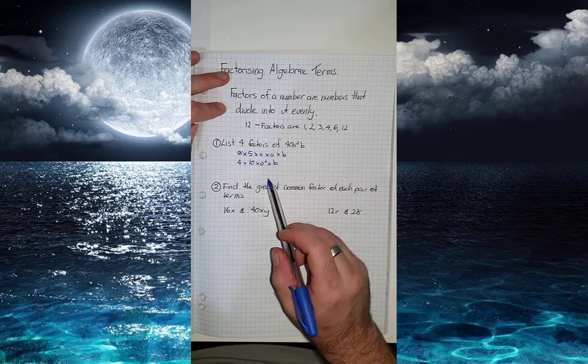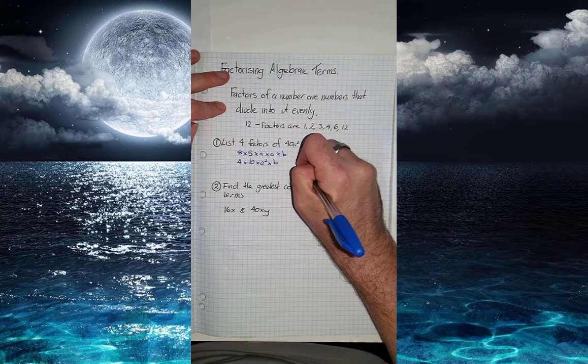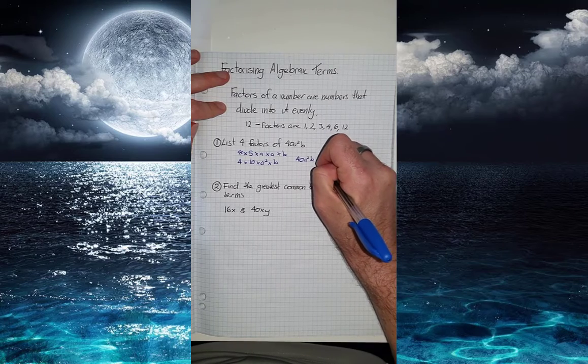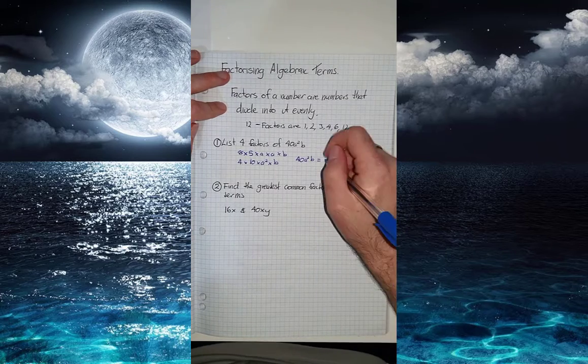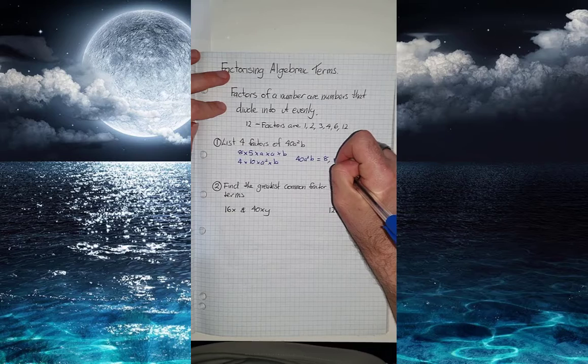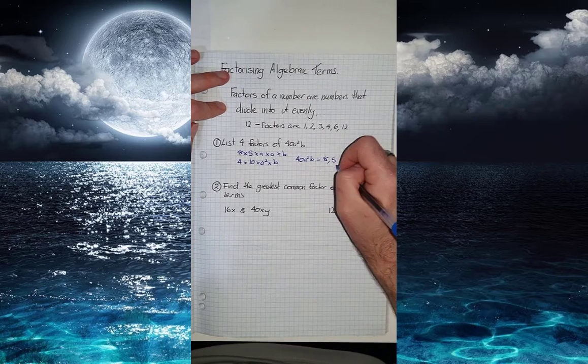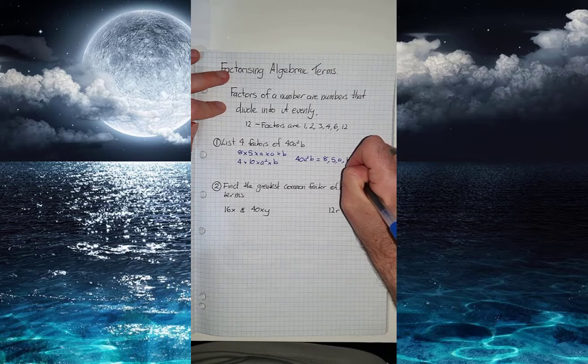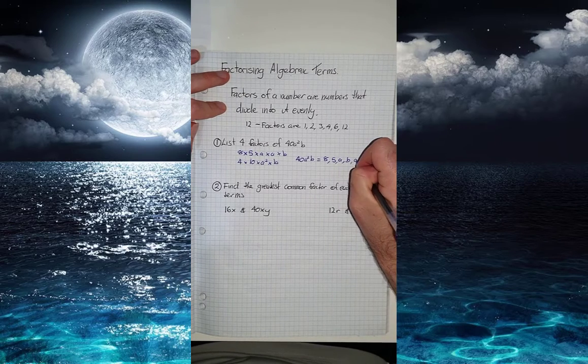Okay, so if we wanted to list down the factors: 8, 5, a, b, a squared.